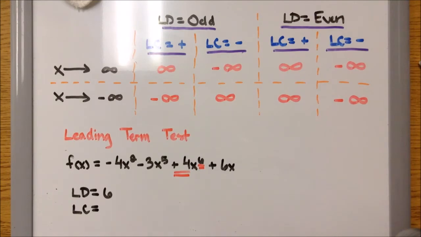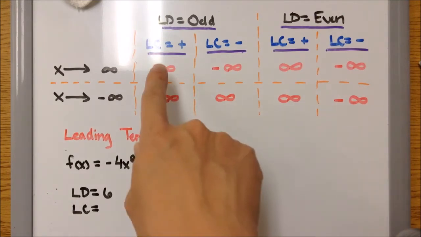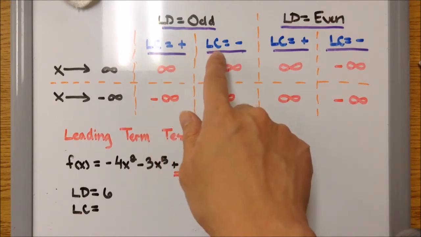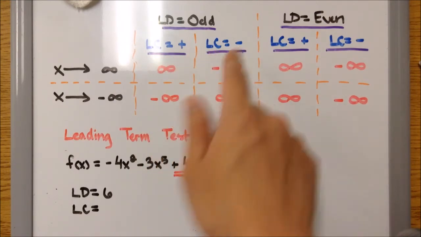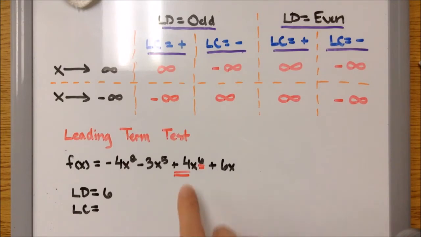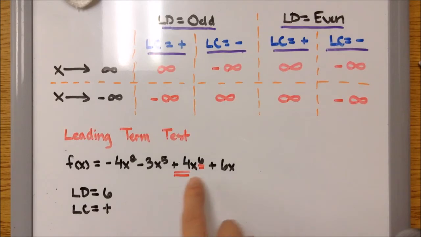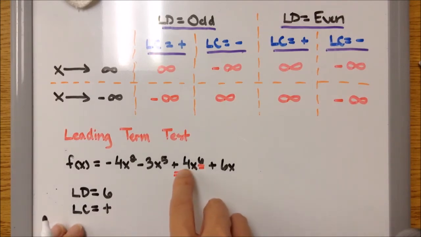All we have to do is put if it's positive or negative. LC equal to plus for positive, and LC equal to minus for negative. We look at this one, it's a plus 4, so it's positive. So all I have to do is write plus. Just plus. That's all we have to do. LD is 6, and LC is positive because of that plus right there.